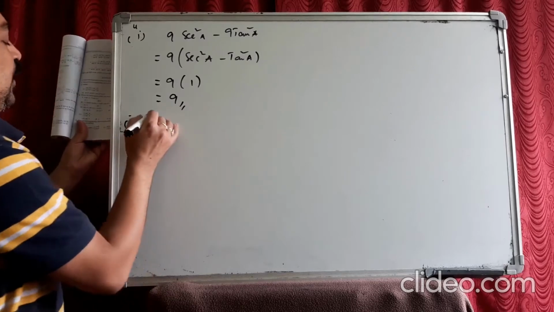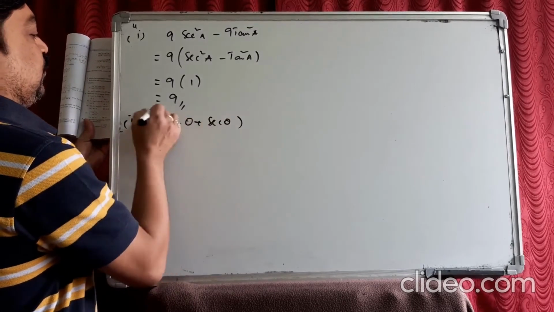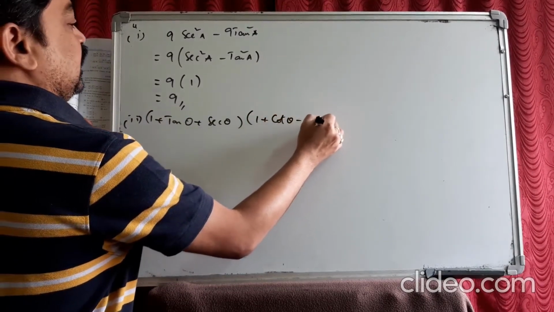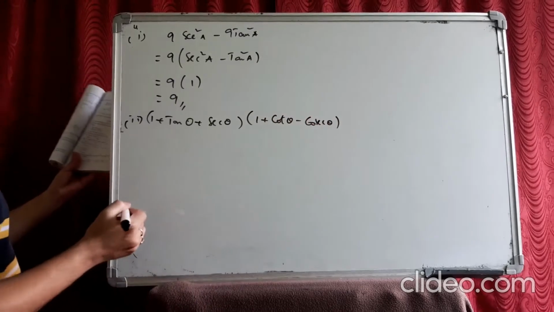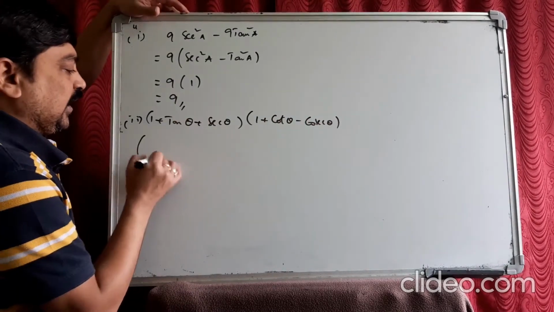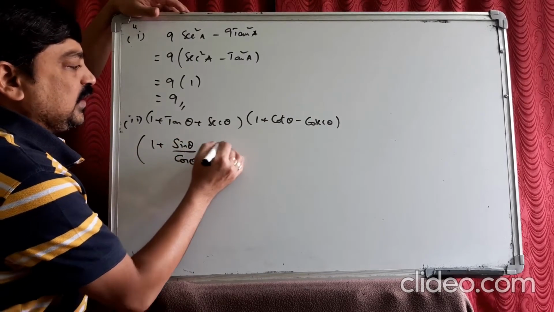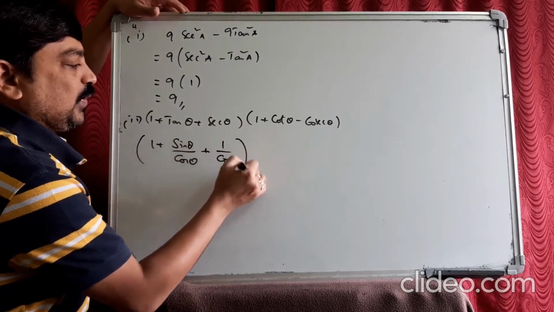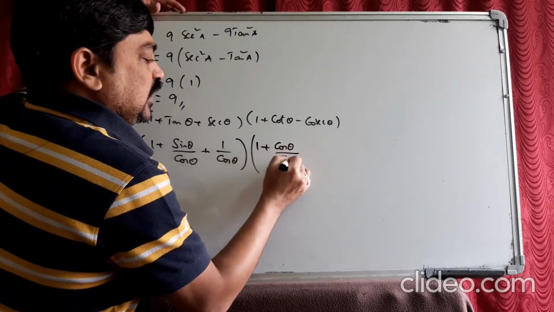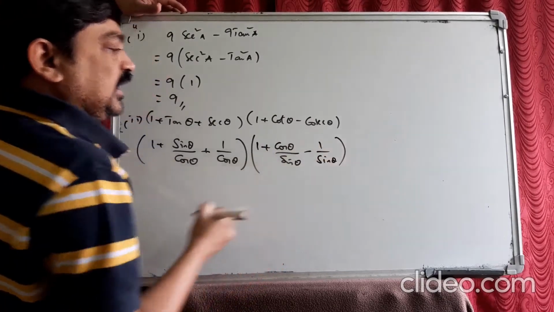Second one: 1 plus tan theta plus secant theta, into 1 plus cot theta minus cosecant theta. We need to make some simplification here. Let us see what happens. I write tan theta as sin theta by cos theta, secant theta as 1 by cos theta, cot theta as cos theta by sin theta, cosecant theta as 1 by sin theta.